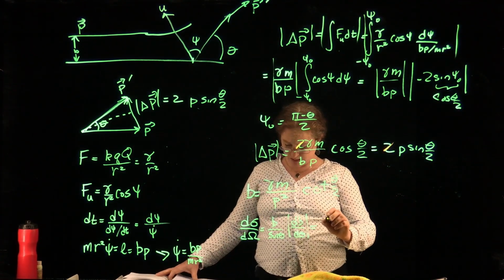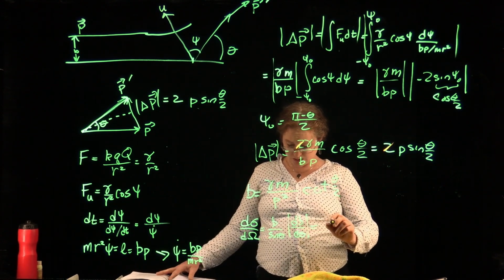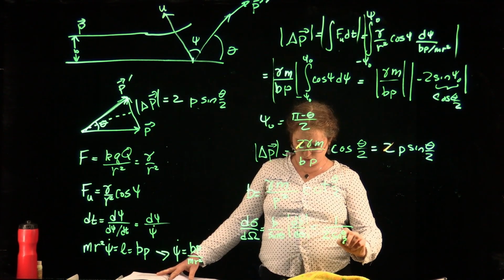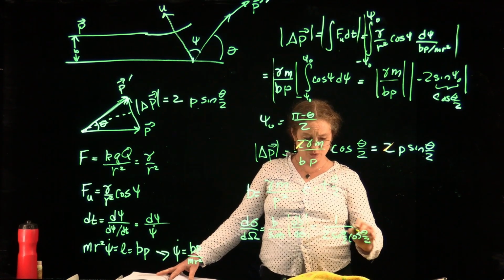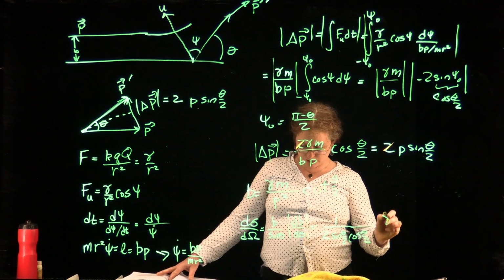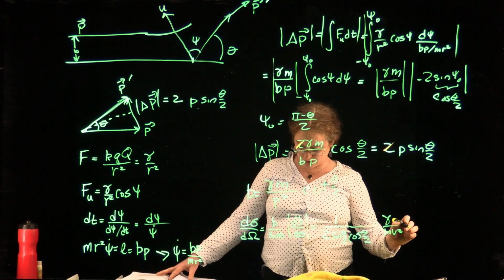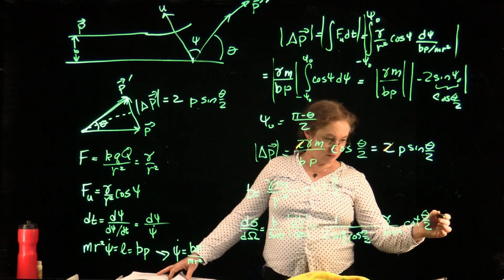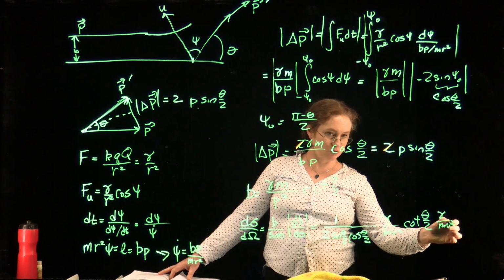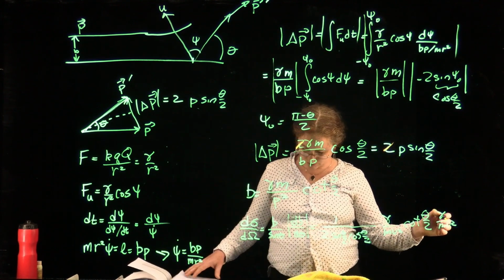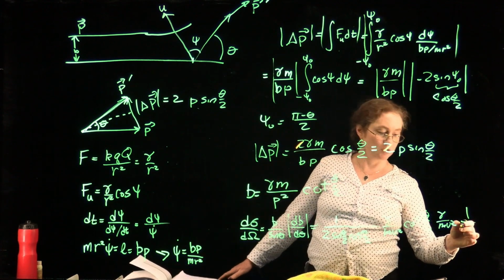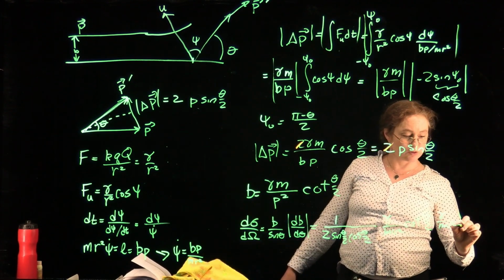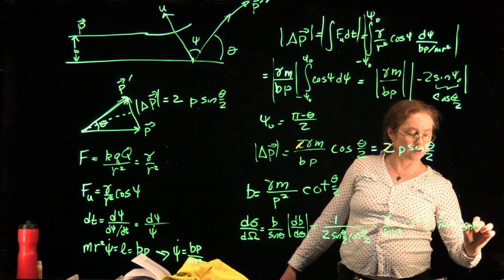But here I get d sigma d omega equals 1 over 2 sine theta over 2 cosine theta over 2, gamma over mv squared, cotangent theta over 2, gamma over mv squared, 1 over 2 sine theta over 2.